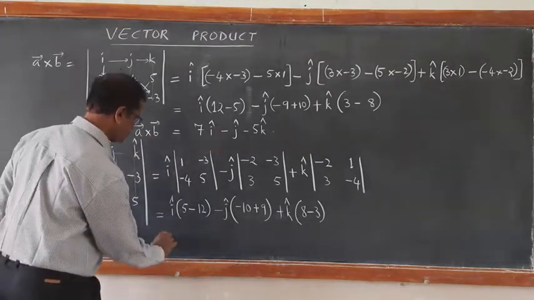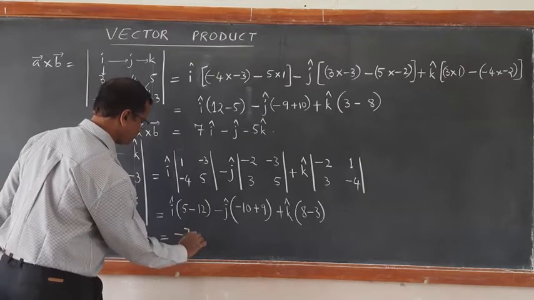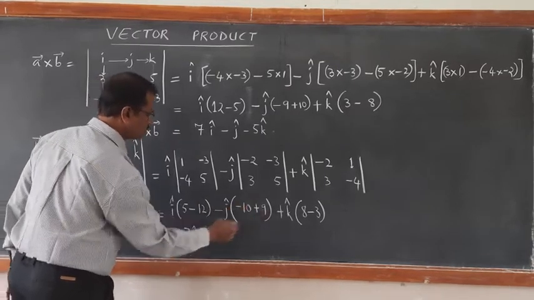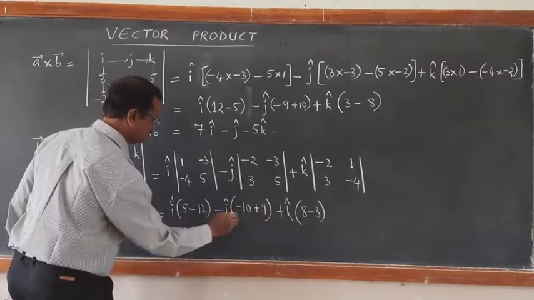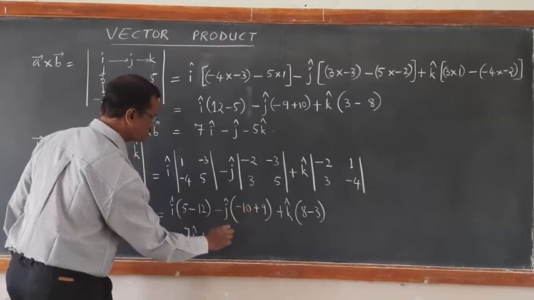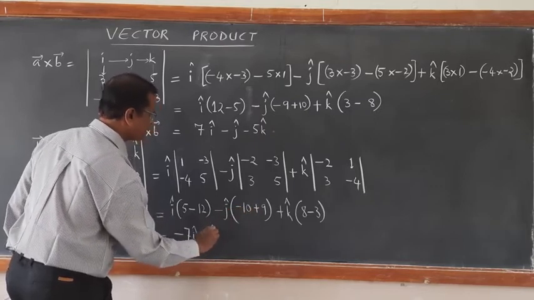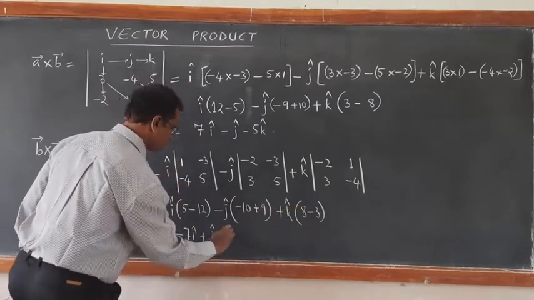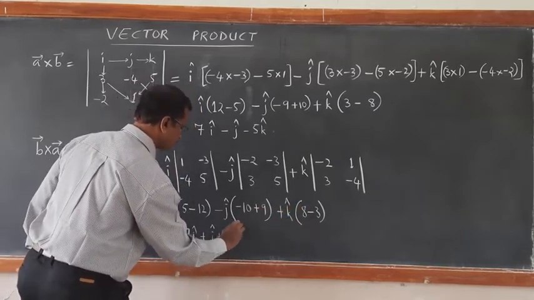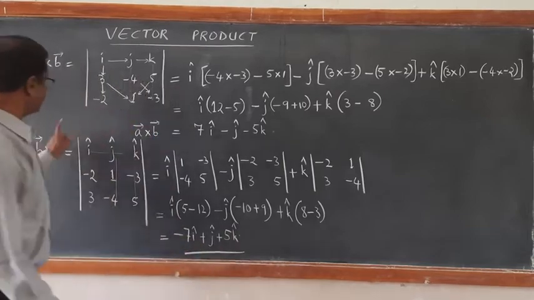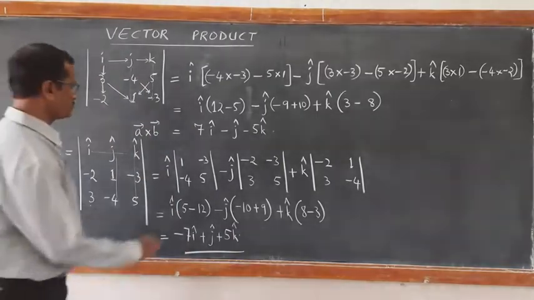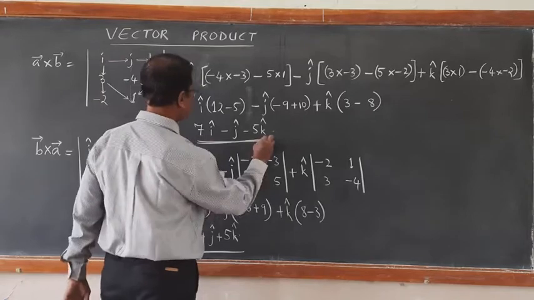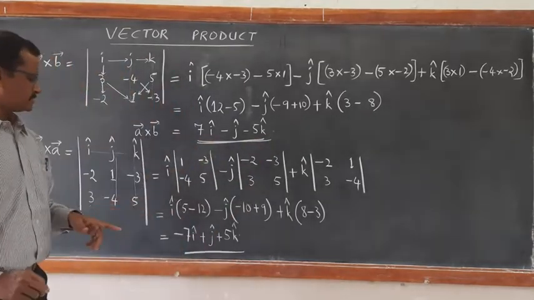How is it? Minus 7i, minus of minus plus 1j. Right? 8 minus 3, plus 5k. Now compare A cross B with B cross A. A cross B is 7i minus j plus 5k.